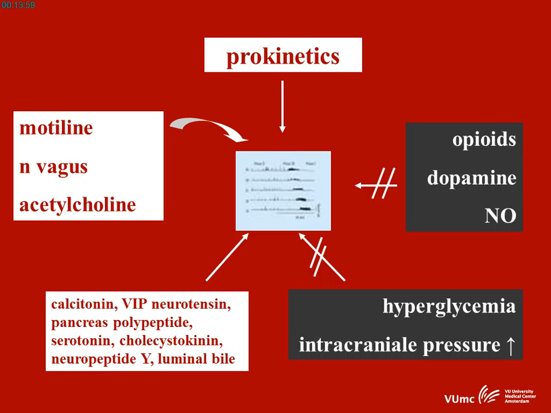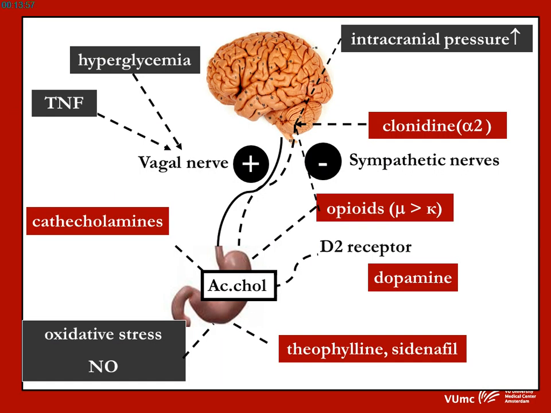We have tried to. Well, this is a complicated picture, and it's made to be complicated because intestinal motility is very complicated. There are disease conditions, there are inflammatory mediators, and there are a lot of our interventions that act on intestinal motility.